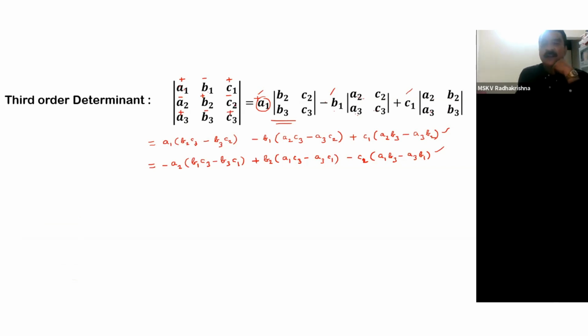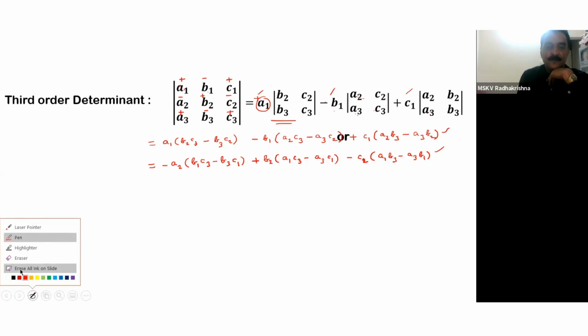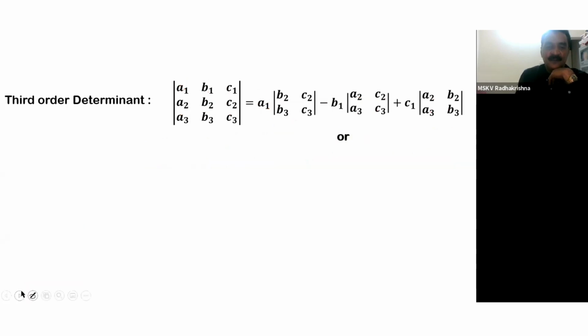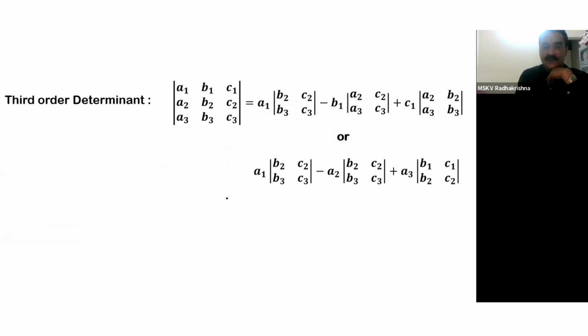Okay. Now, if you want to expand using one column, suppose I want to expand using first column. For first column, what are the signs?